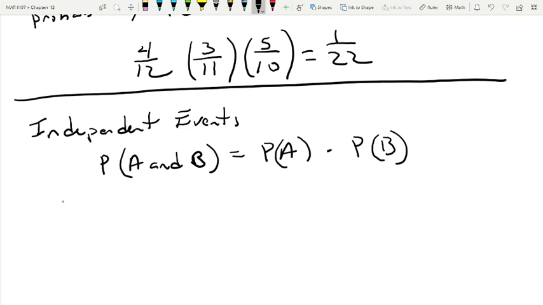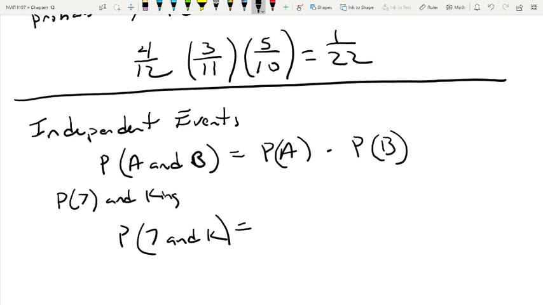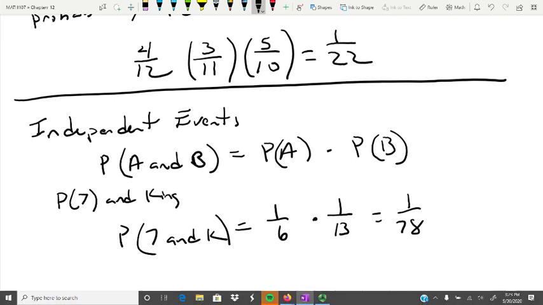So what's the probability of getting the 7 and the king? So we said this was 1 out of 6. We said this is 1 out of 13. And so we end up with 1 out of 78. And with that, that will conclude this video.